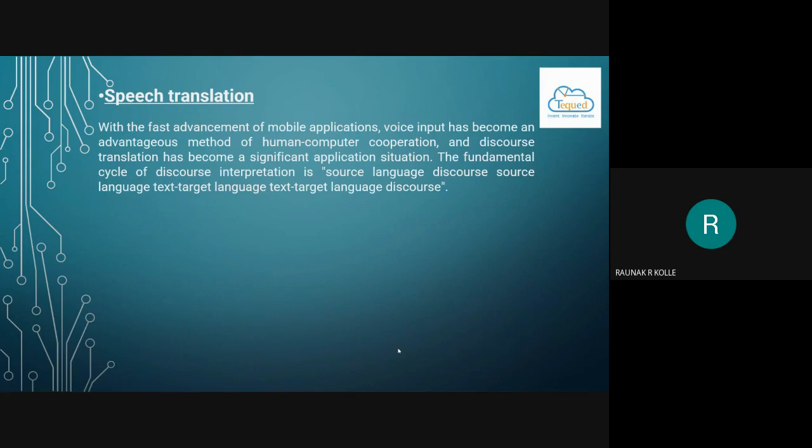Speech translation. With the fast advancement of mobile applications, voice input has become an advantageous method of human computer interaction, and speech translation has become a significant application scenario. The fundamental cycle of speech translation is the source language speech, source language text, target language text, target language speech.